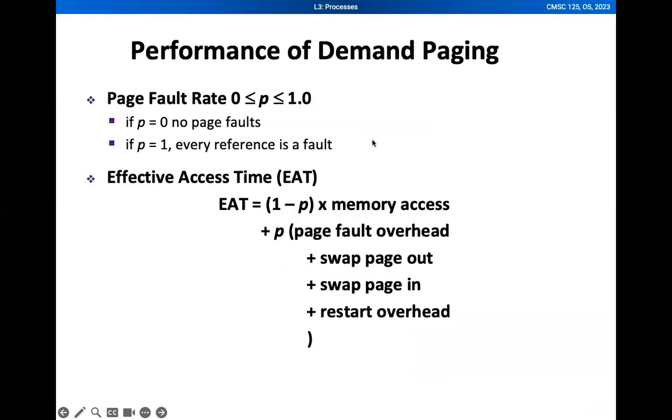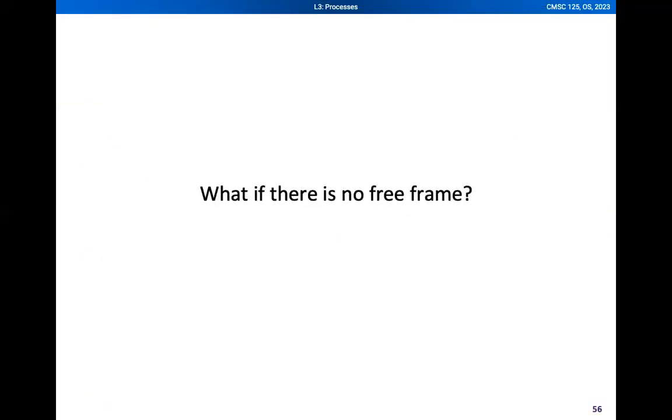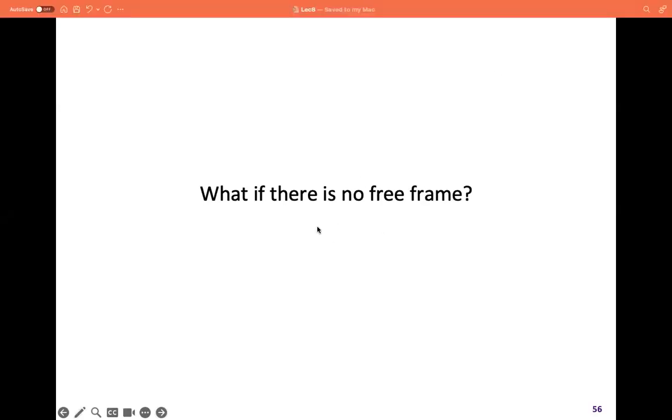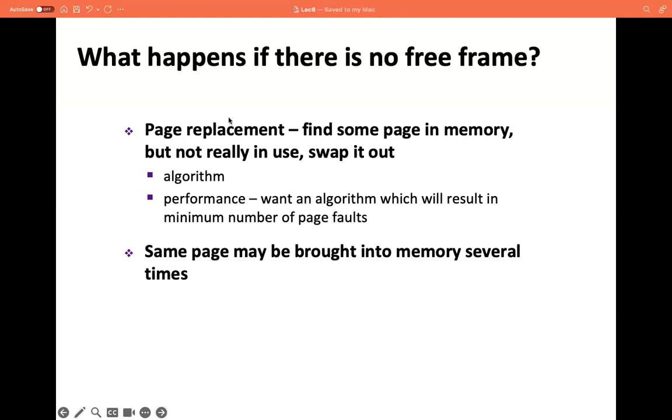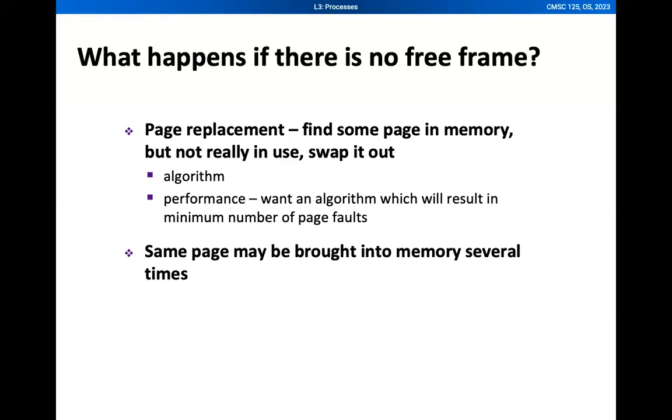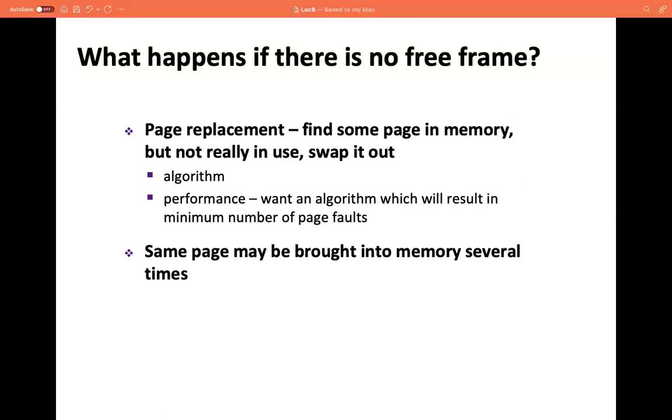Okay, now, what if there is no free frame? What if there are no available frames in the main memory? So we do the page replacement mechanism, wherein we find some page in the memory that is not really used, so we swap it out. Basically, we can look for certain pages loaded in the main memory that are not used by the CPU anymore or are less frequently used.